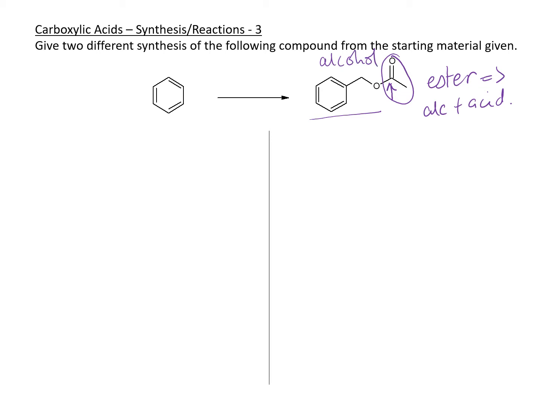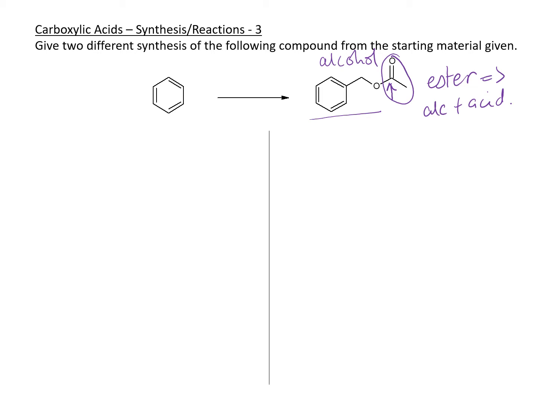So essentially I can't do much for making an ester, because an ester does need an alcohol and acid. The question really is, how do I make the alcohol in two different ways? Because the last step, once I have the alcohol, is to make the ester from there. So I just have to find two different ways to form the alcohol. That's fine, we can handle this.